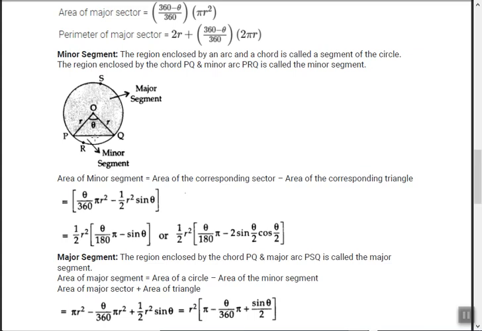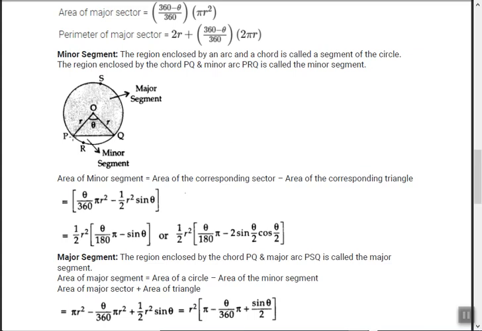It is R cos theta by 2, right? And this length is half of the base, R sin theta by 2. Similarly this length is also R sin theta by 2. Add them, you get 2 into R sin theta by 2. So what is the area of the triangle?